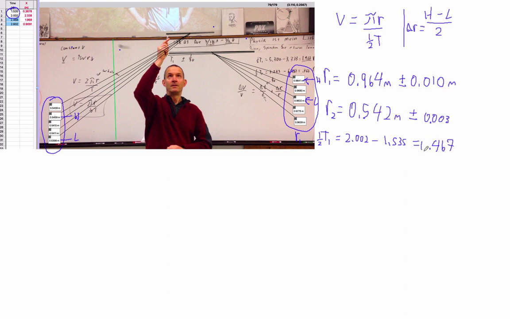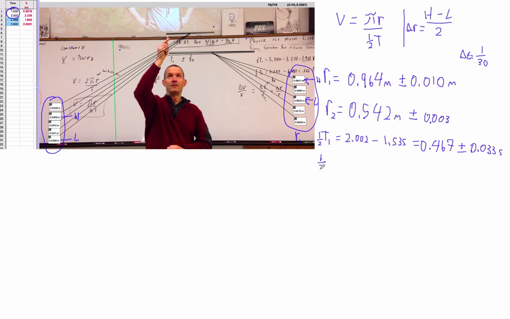Now, what's the uncertainty of that? Well, take a look at this, right? Notice how there's some smear on there. Did we really catch it at the edge, or did we catch it a frame early or a frame late? So the uncertainty basically is the time between frames. That is 1/30th of a second, right? So all of our delta t's are basically a 30th of a second, which is plus or minus 0.033. Okay, so that is T1.